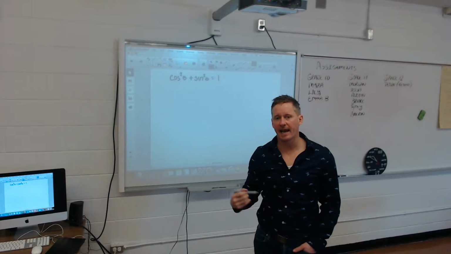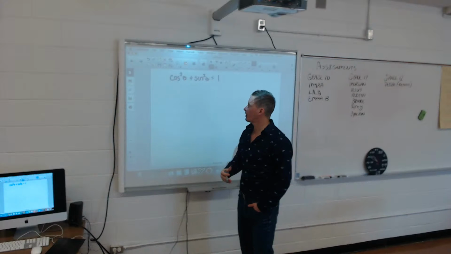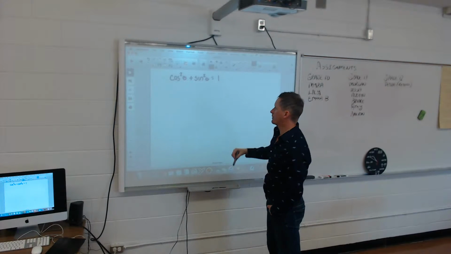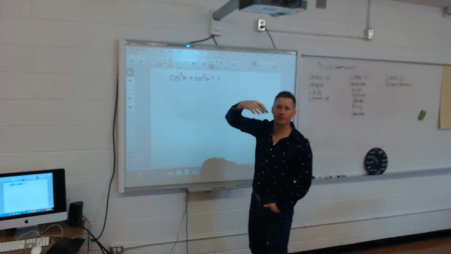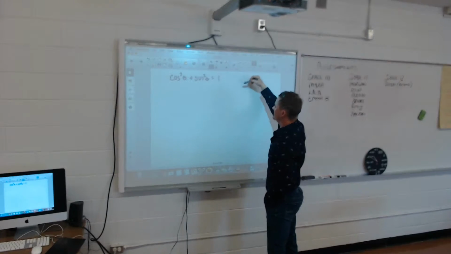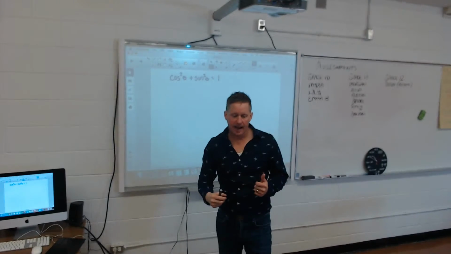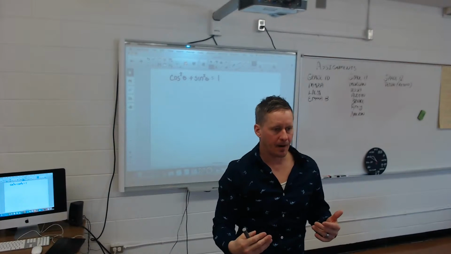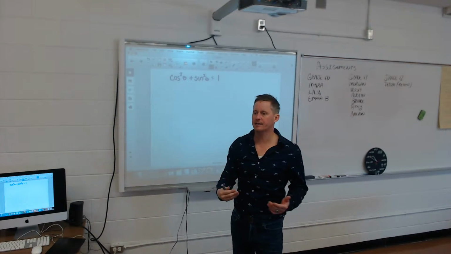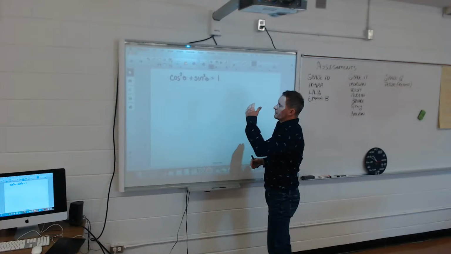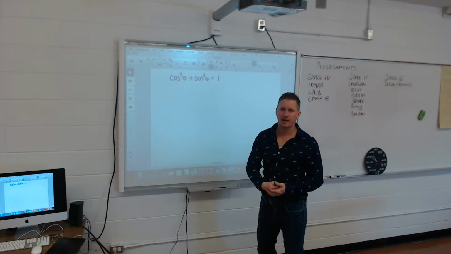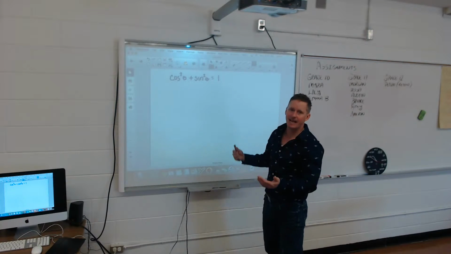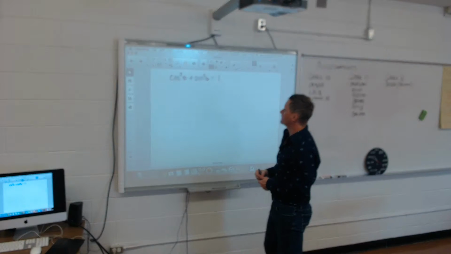We know that if we take any angle on the unit circle, for example, let's take 30 degrees, and let's prove this as an identity. Now, an identity has an equal sign in it, but we don't treat it as an equal sign. We treat it as the left side has to equal the right side, or has to be the same as. That might be a better way of describing it.